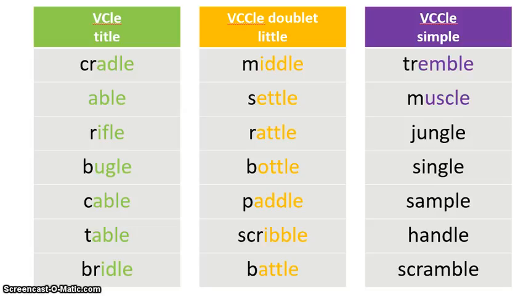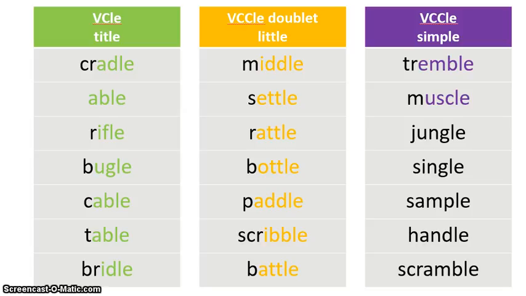All right, and we're going to look at the word muscle. The reason that goes into that column is that it has the U as the vowel. It has two consonants together, but they're not the same consonant, so they go in the purple column, not the yellow column. So U is the vowel, S is the consonant, C is the consonant, followed by an LE.